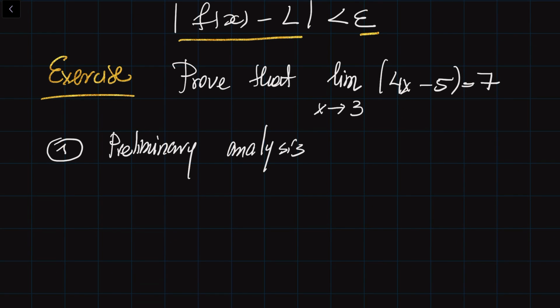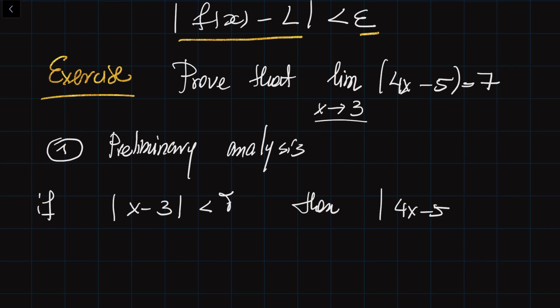If you remember the precise definition of the limit, it tells you that if x minus 3, so x comes closer to 3 at a distance smaller than delta, then 4x minus 5 should come closer to 7 at a distance smaller than epsilon.